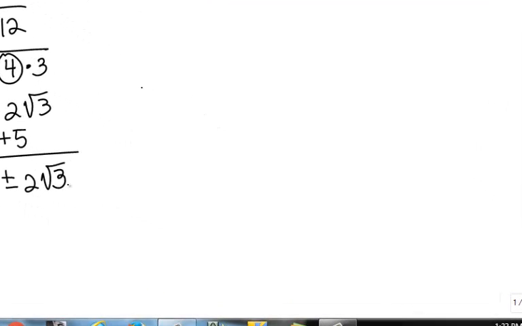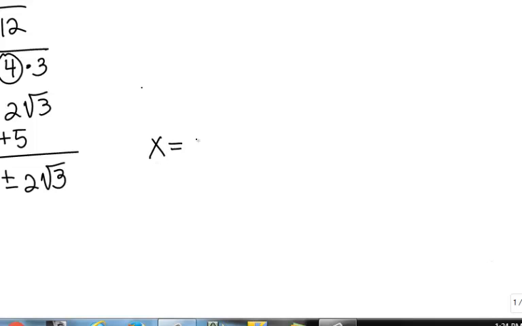Okay, now that's the simplified radical form. And on the homework, I want you to do both, the simplified radical form, and then the author takes it an extra step. It says find it to the nearest tenth. Okay, so everybody grab a calculator. Okay, so I think in the book they want it in decimal form too, but I want the simplified radical form first. Okay, and then we have two answers there.